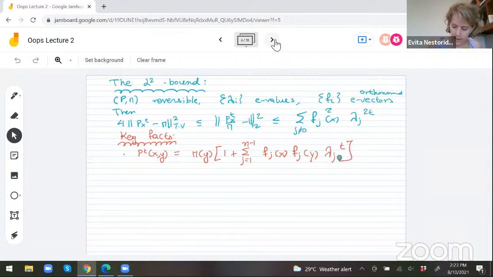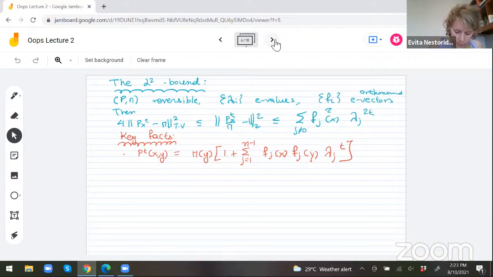So once you plug it in the L2 distance, this ratio will cancel out, and then you can do Cauchy-Schwarz, basically. This -1 will cancel out with this -1, and then you do Cauchy-Schwarz to get this.